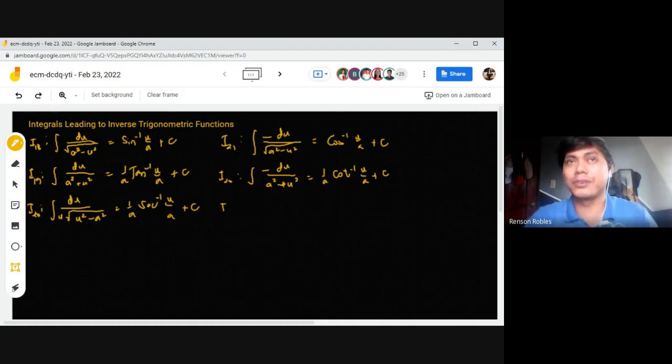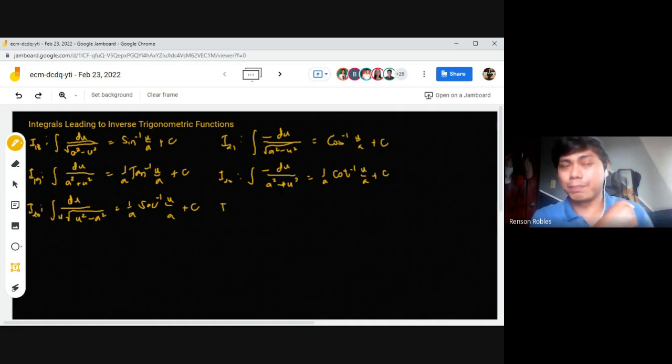There's an academic discussion on what notation shall be used for the inverse trigonometric function. Will it be small letters or capital letters?